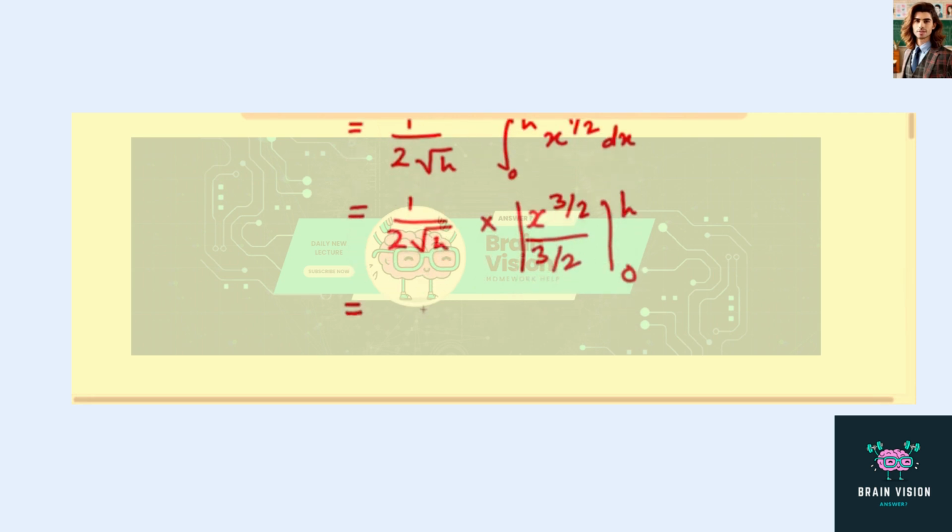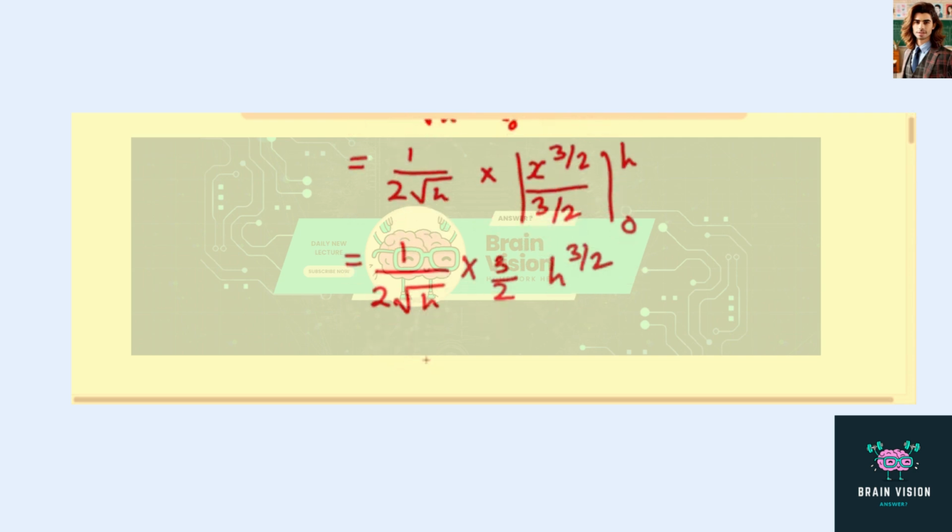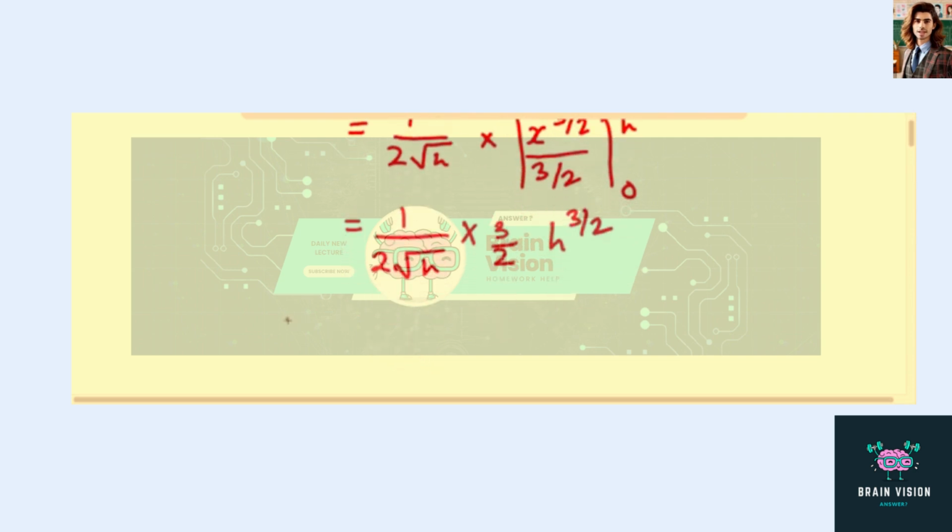So here this is 1 upon 2 square root of h, times 2 by 3, and this value is h power 3 by 2, and this is h power 1 by 2. If you solve this one, then you will get the average value of x, or the mean value, or the expectation value of x, is h by 3.